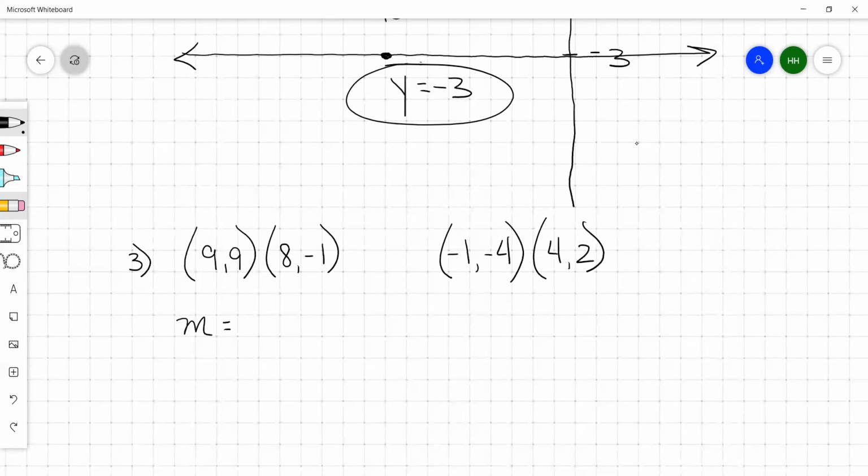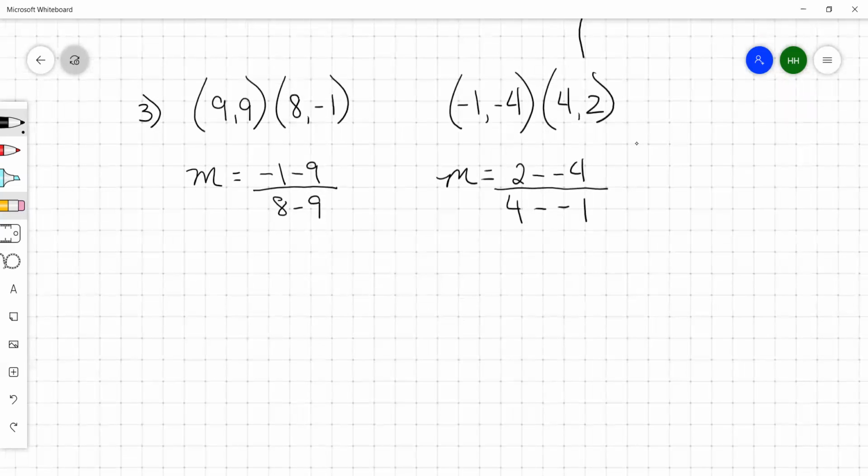So this slope is going to be equal to -1 minus 9 divided by 8 minus 9. And the slope of the line on the right will be equal to 2 minus -4 divided by 4 minus -1. This slope, -1 minus 9 is -10. And 8 minus 9 is -1.